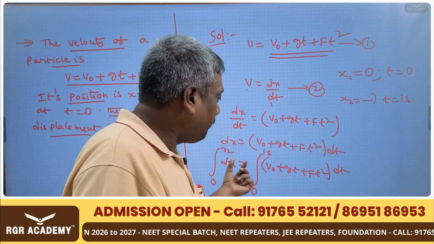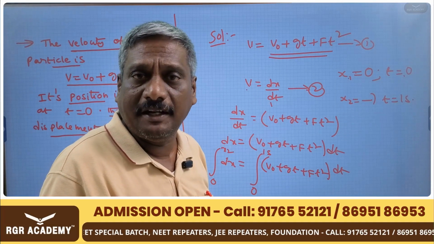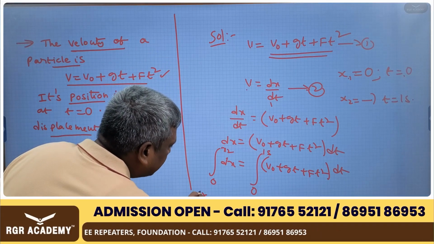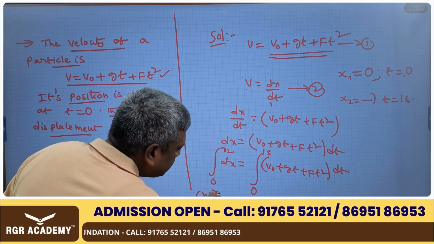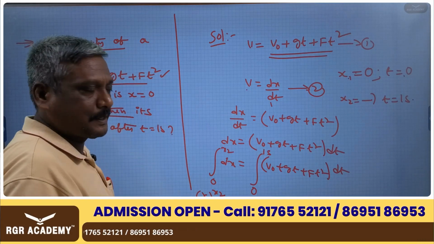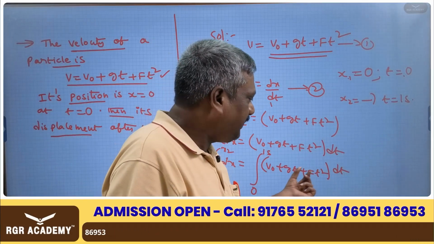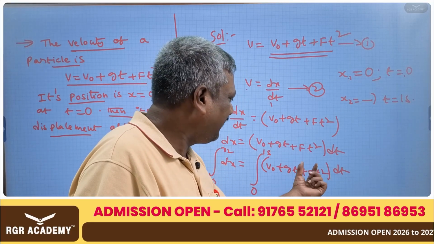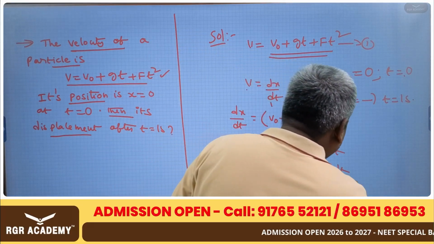Now, you can apply this mathematical formula. Integral dx means what? X. What are the limits? 0 to x2. Here you can split into 3 integrals, then you will feel comfortable. How can you split?